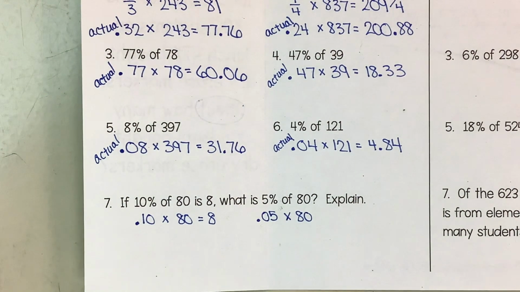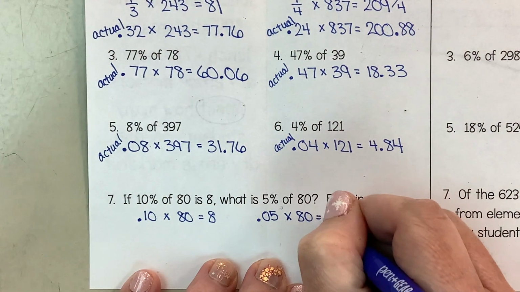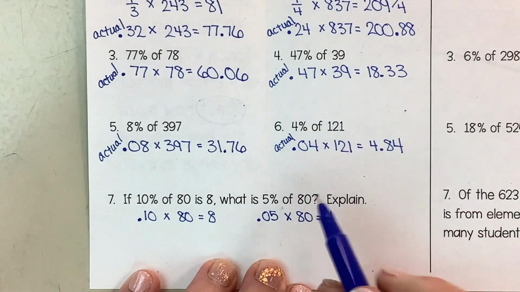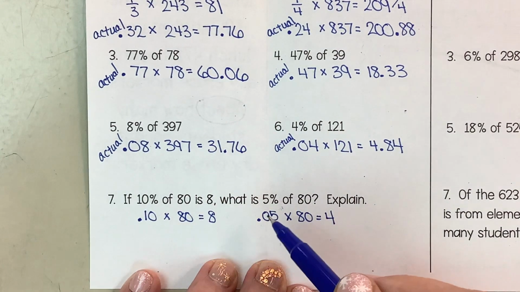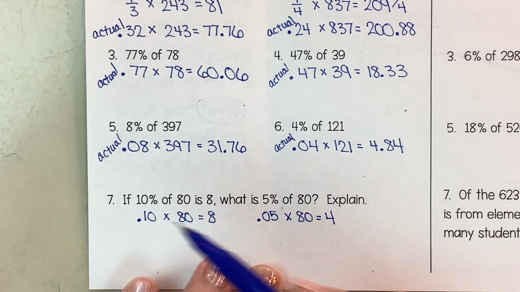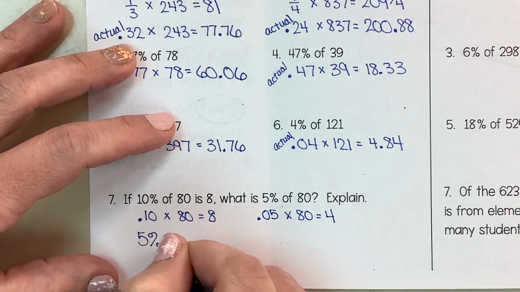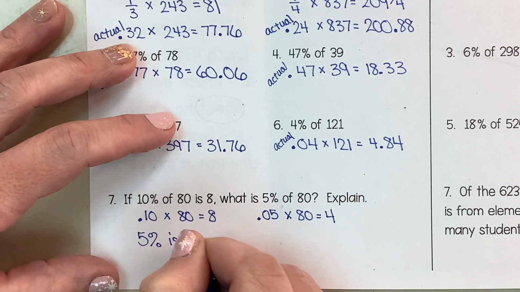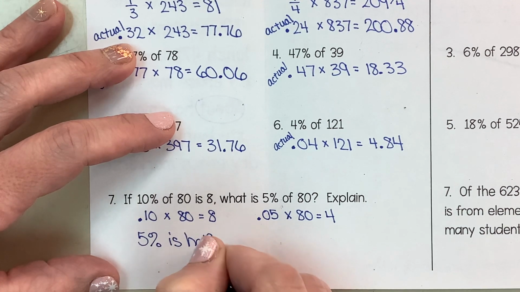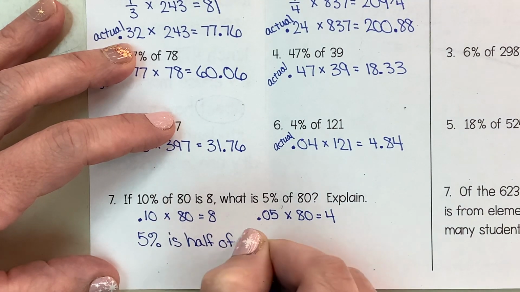Any ideas? And hopefully you're telling me it would be 4 because 5% is half of 10%.